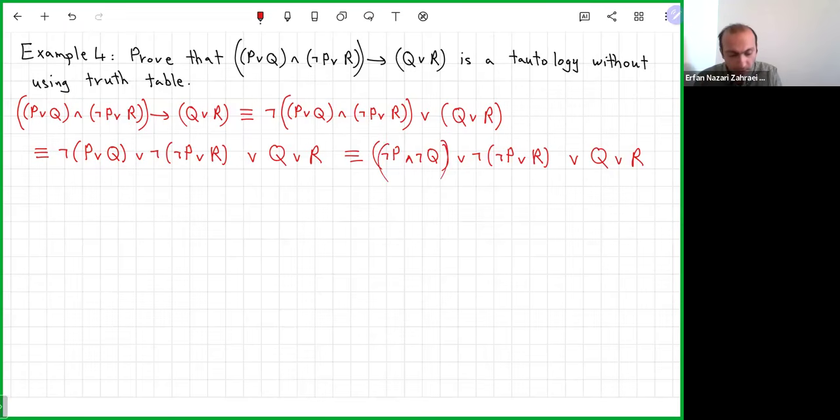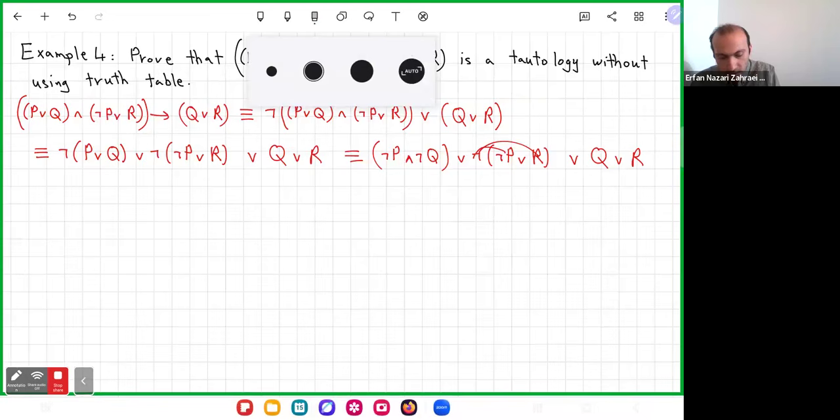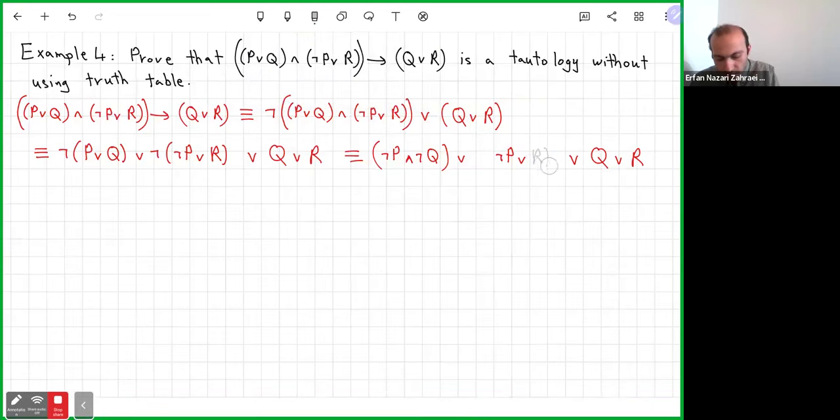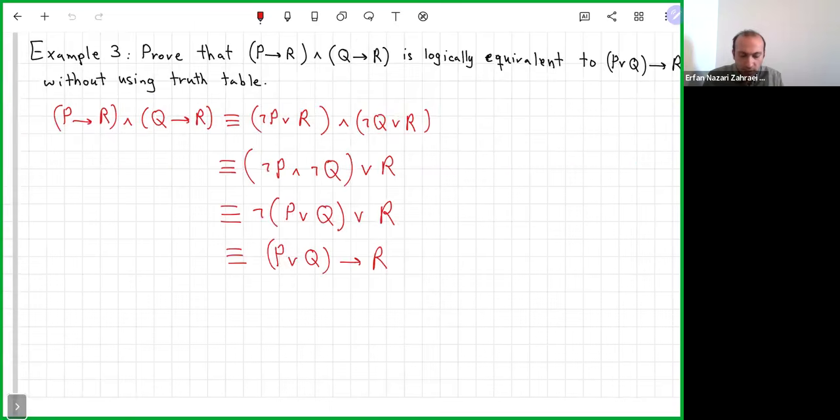I need these parentheses. Or if you care about the priority of operators, you may not need it, but it's always better practice to add parentheses for clarity. Now, if you distribute this, you get not P and not R. And now I use this rule.